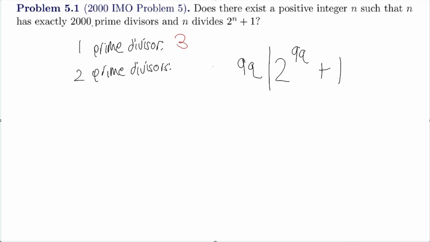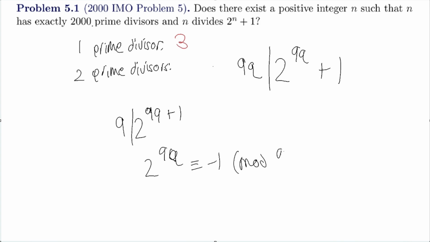Well, we know that we should consider each congruence separately using the Chinese remainder theorem. And with that, we get 9 divides 2 to the 9q plus 1, or 2 to the 9q is equivalent to minus 1 mod 9. And if we use Euler's theorem to simplify this one here, because 2 to the 6 is equivalent to 1 mod 9, we get that this is 2 to the 3q is equivalent to negative 1.